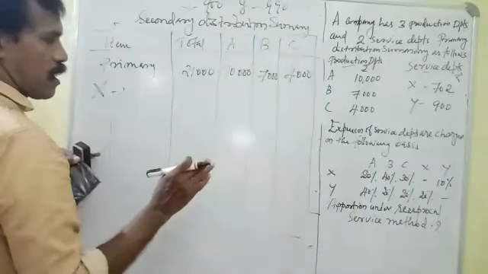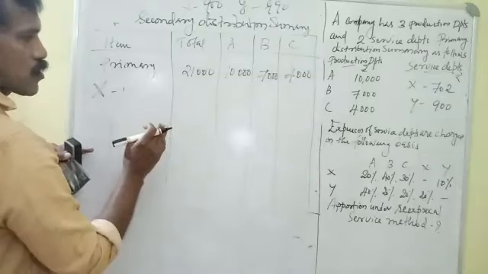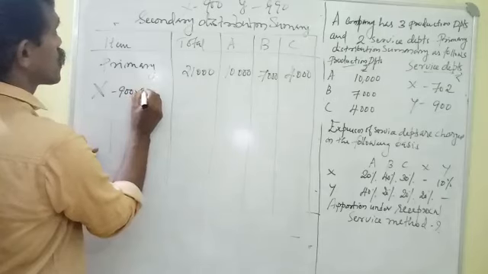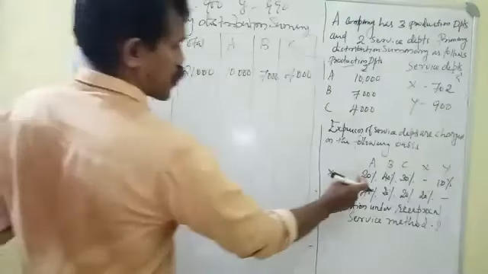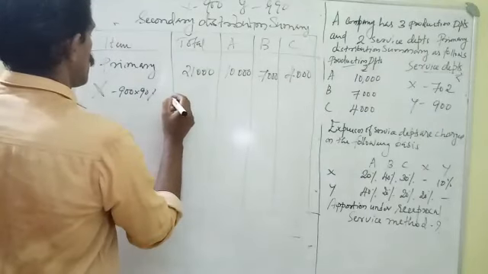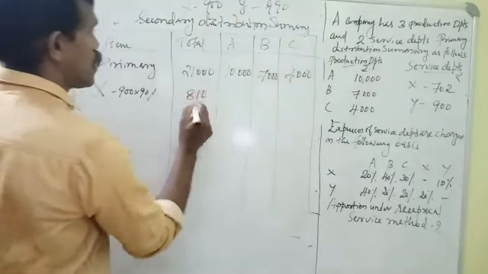That we already transferred to Y. So 900 into 90%, the remaining 20, 40, 30 being 90%, comes to 810.